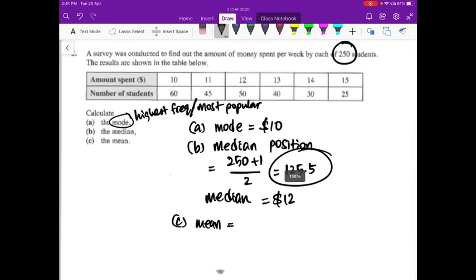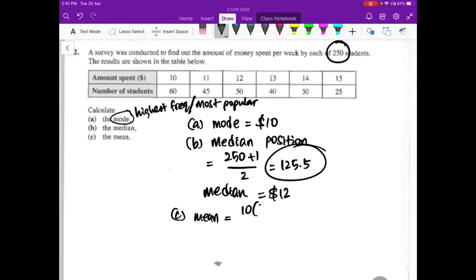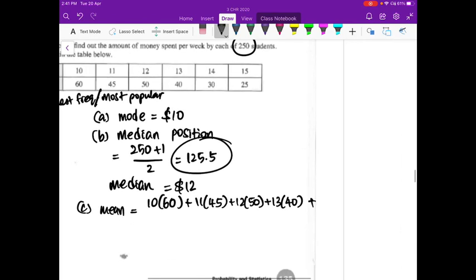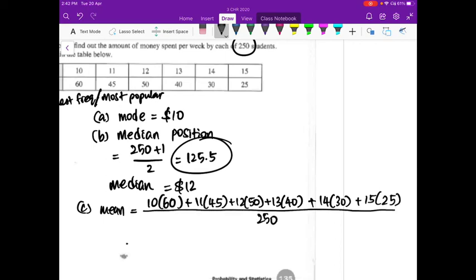Okay, next, median. 10 times 60. Did anybody do this already?